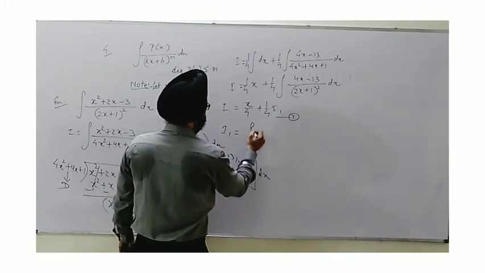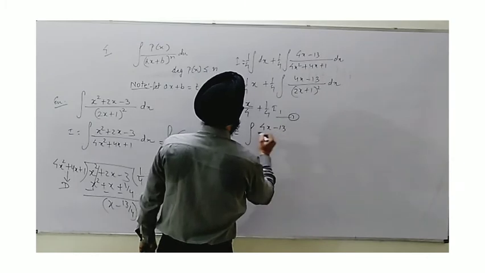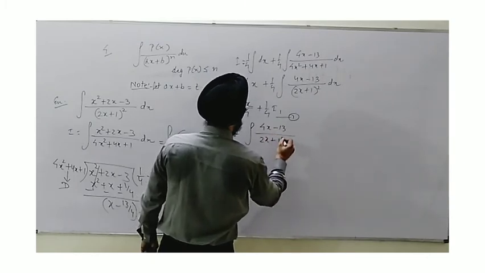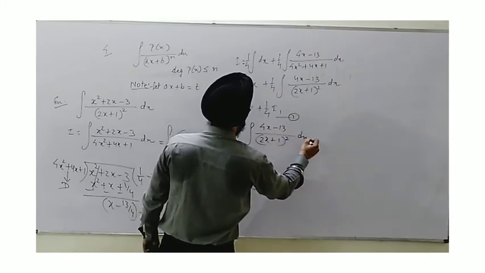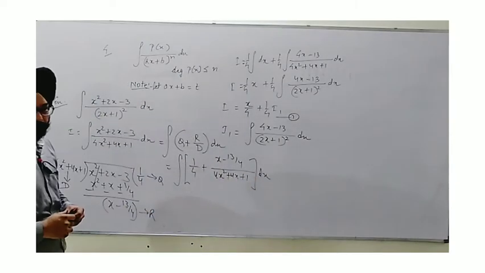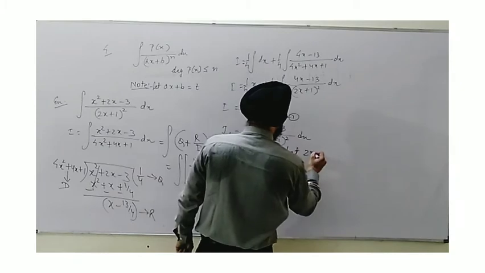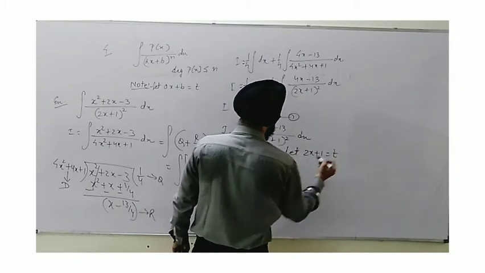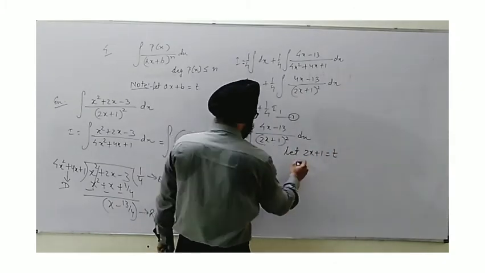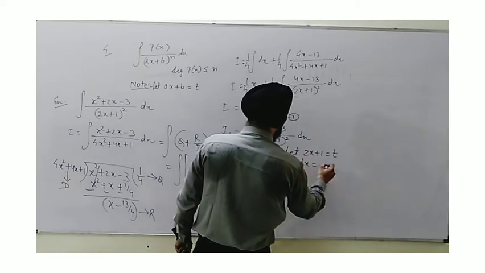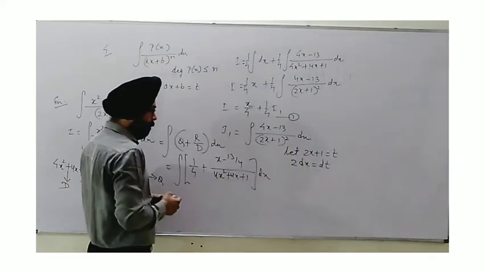Now I1 is to be solved, taking (4x minus 13) upon (2x plus 1) whole square dx. Now we can take 2x plus 1 as t. Let 2x plus 1 be t. Differentiating, we get 2 dx equal to dt.